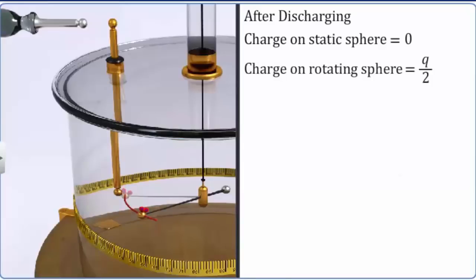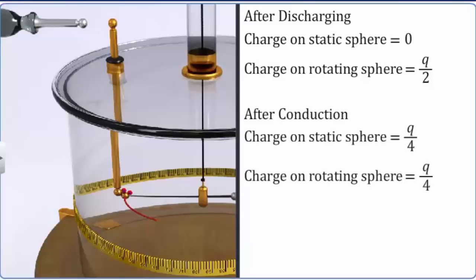To recharge the static sphere, the rotating sphere is brought in contact with the static sphere using the micrometer screw. Again, due to conduction, the spheres now have a charge Q by 4 each. As both the spheres are identically charged, they repel each other.